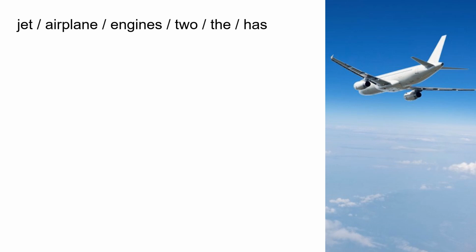Now the next sentence: the airplane has 2 jet engines. This sentence is third pattern as well. Find the subject, verb, and object. Now, jet, airplane, engines, has. So has is the verb.